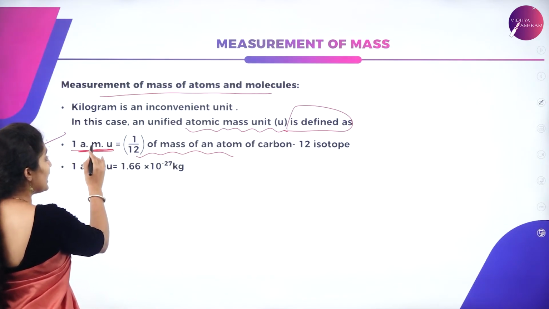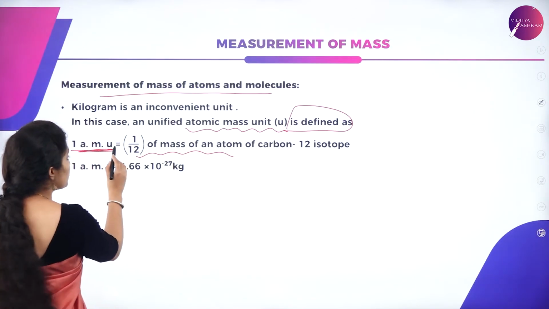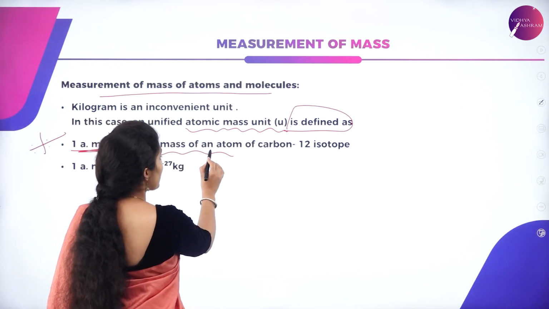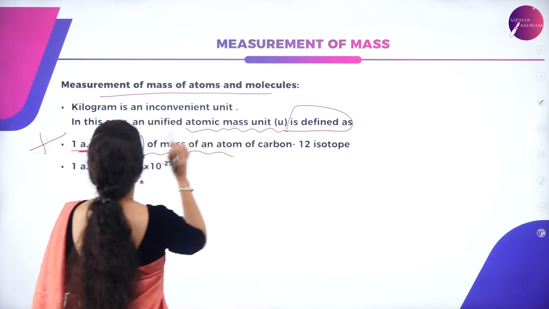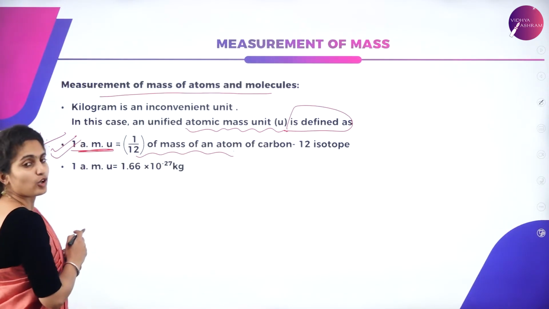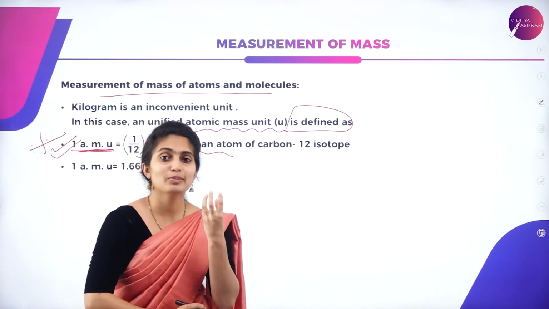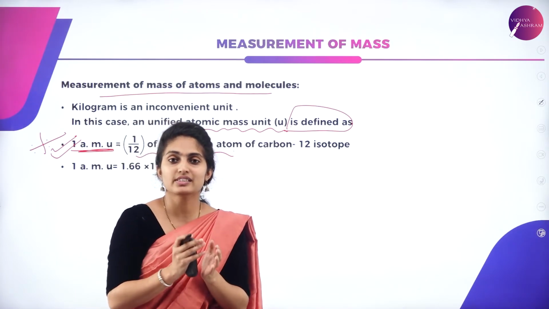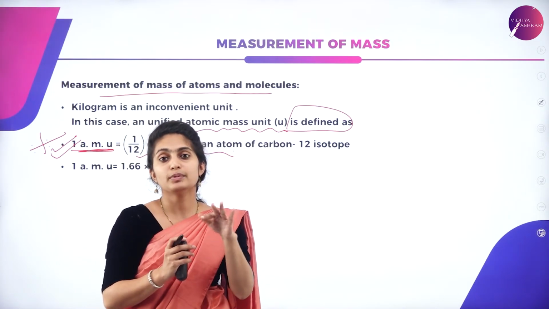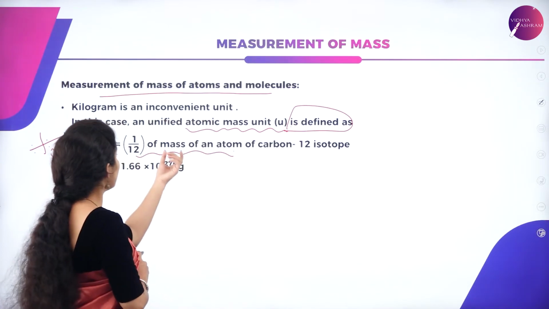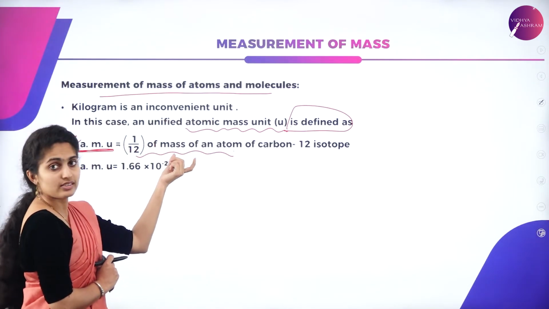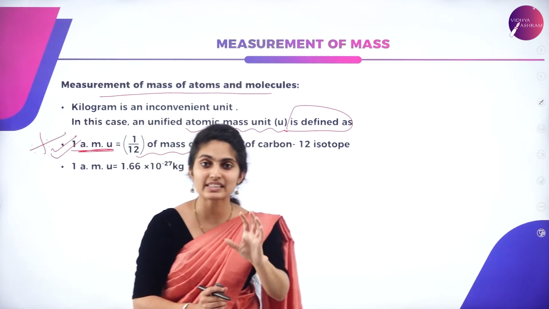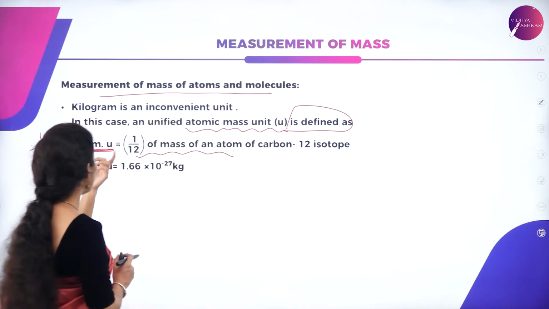We have to consider carbon because carbon has certain isotopes. In that carbon 12 isotope, 1 by 12th the mass of an atom is said to have a value of 1 atomic mass unit.